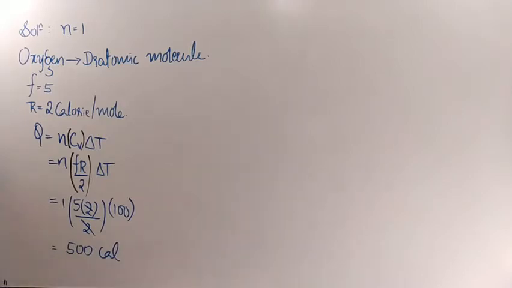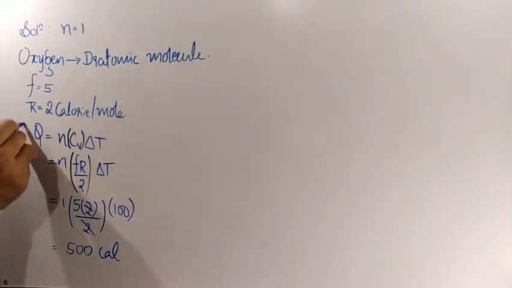Clear? 500 calorie. Clear? Now next step we should have to calculate what? Delta U value. This is nothing but first case, Q is equal to NCV delta T. First thing they had asked, Q value, that we had calculated here.